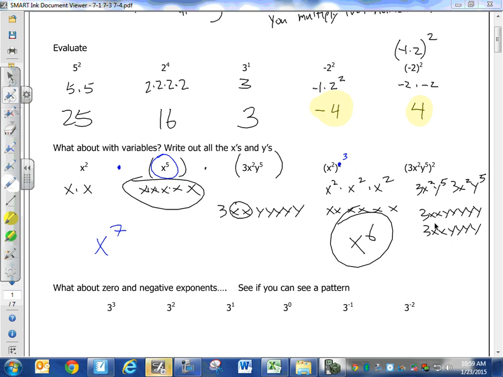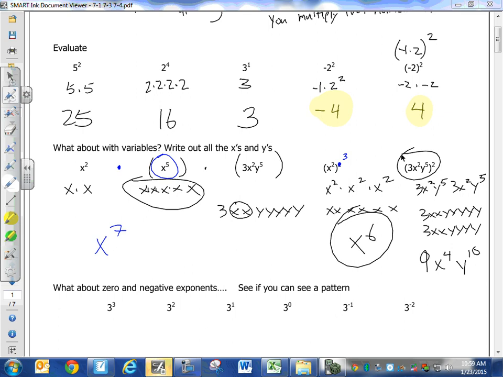What's 3 times 3? 9. What's x times x times x times x? X to the fourth. And what if I have 5 y's being multiplied by 5 more y's? Y to the 10. 1, 2, 3, 4, 5, 6, 7, 8, 9, 10. Okay. We just simplified that.